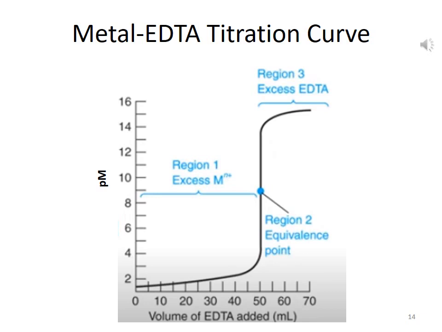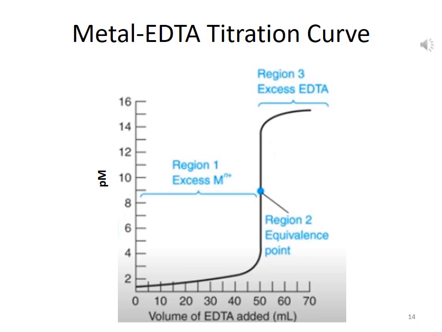We assume that EDTA and the metal react completely and instantly here. Then we can get the equivalence point at about 8 to 10, and we can say the equivalence point is the point where equal moles of EDTA and metal ions contribute equally.